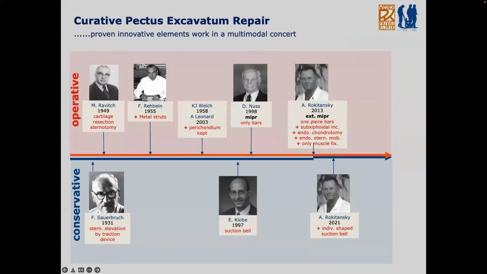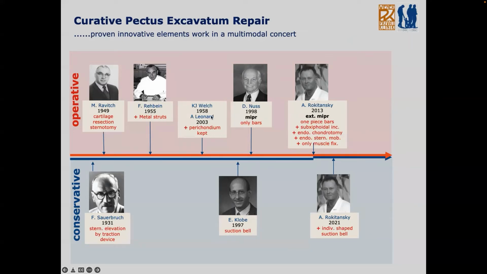In the red background above, you can see the historical course of the surgical therapy of the funnel chest, starting with Ravitch, who introduced cartilage resection and sternotomy, followed by Rehbein, who introduced symmetrical metal struts.